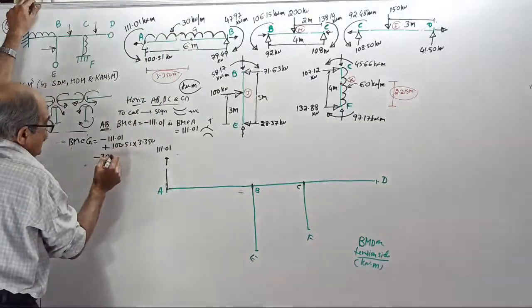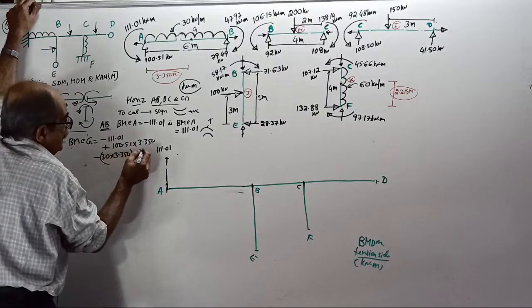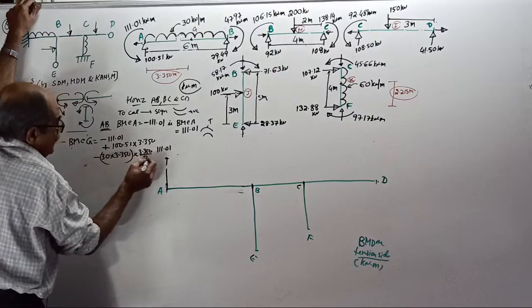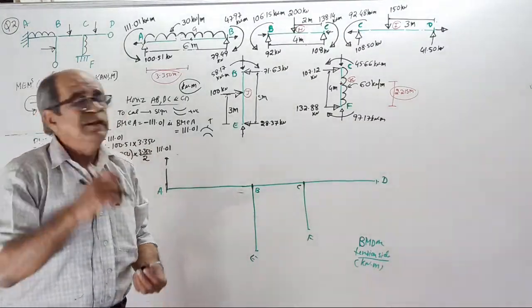Minus 30 into 3.350 into 3.350 by 2. Tell me the answer. Tell me the answer with sign.